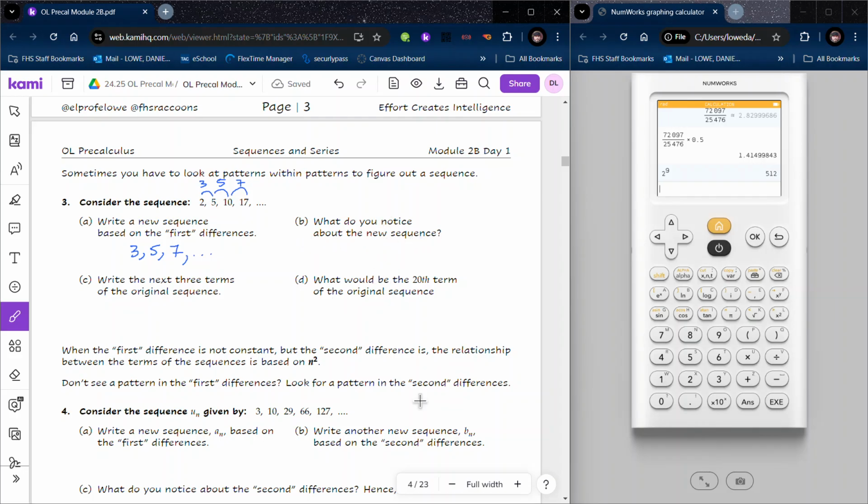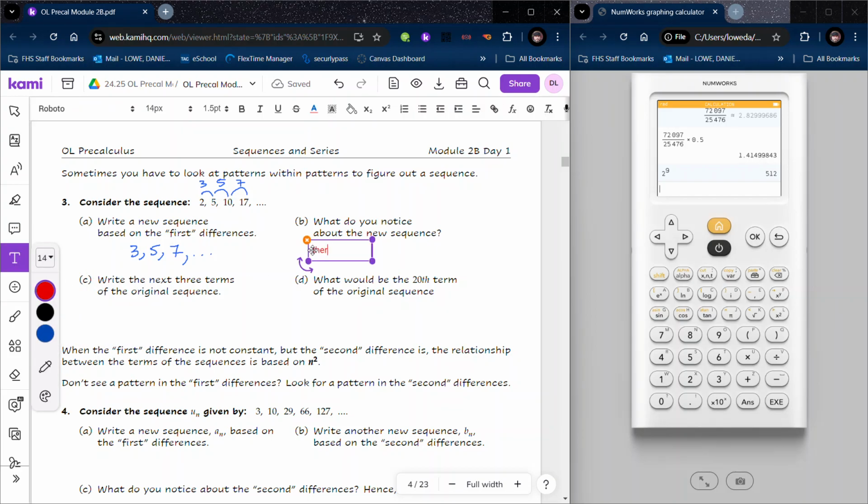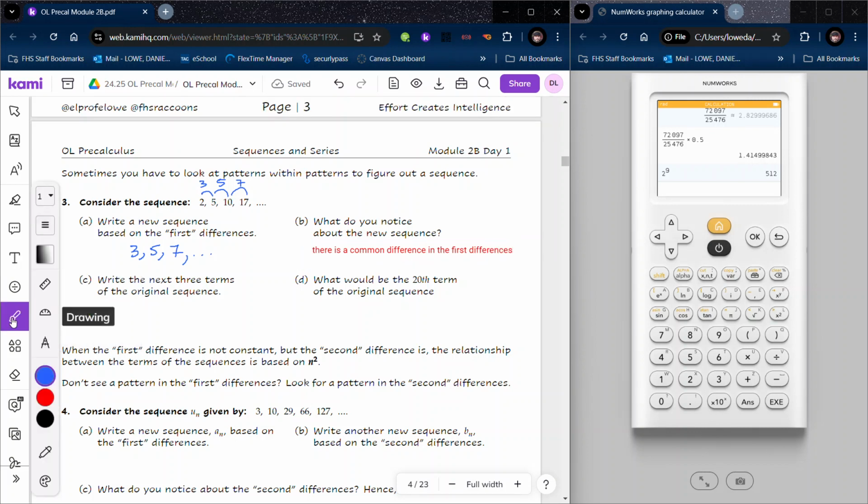What do I notice about the new sequence? Well, what I should notice about the new sequence is that there is a common difference in the first differences, right? So I have this common difference in the first differences, and so that's useful for me to know that if I wanted to get the next three terms in my original sequence, I would add 9, then I would add 11, then I would add 13.